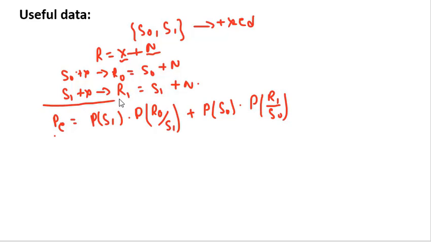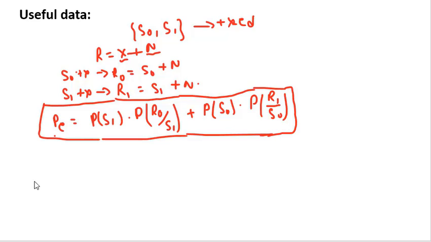So this is the probability of error expression.